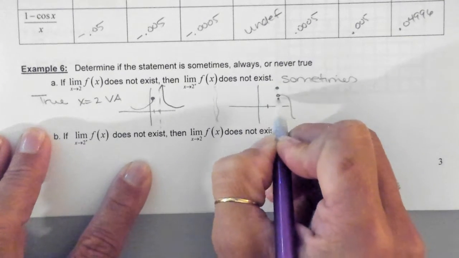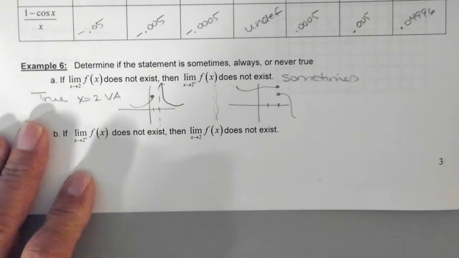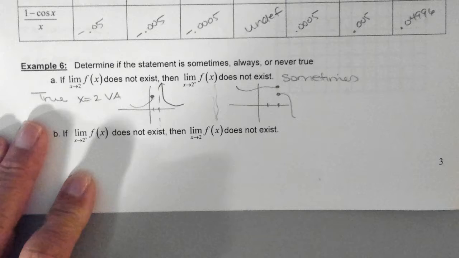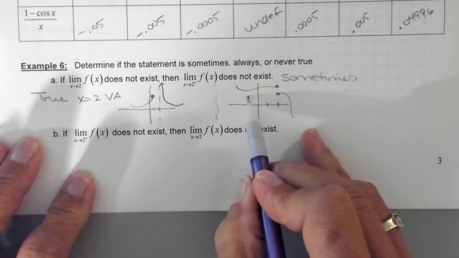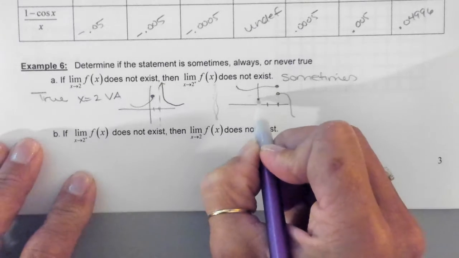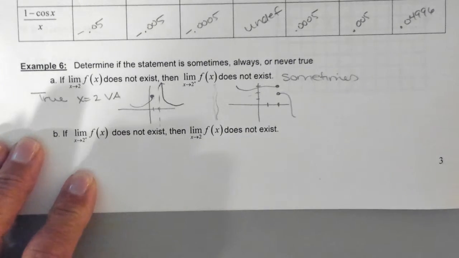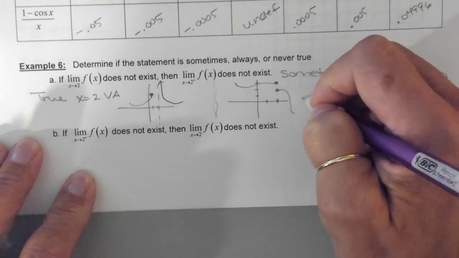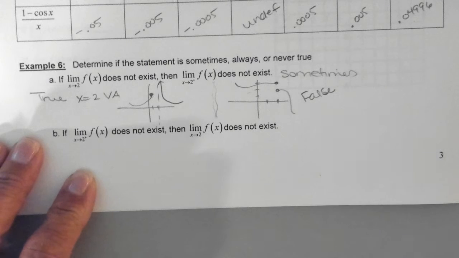So this is open, this is closed. Again, just made up the graph, doesn't really matter. So the limit as x approaches 2 does not exist, but when I approach from the right, I don't know, maybe this is 2. So if I have 1, 2, and then this would be 3. Okay, so this is what makes it false. That's just one scenario, and that's all you need is one. Everybody good?